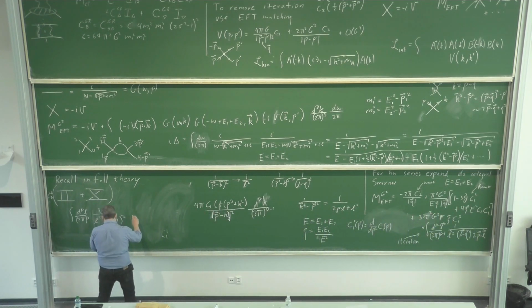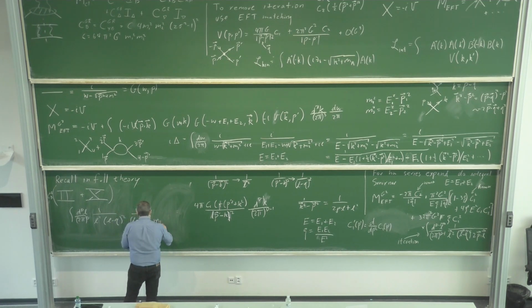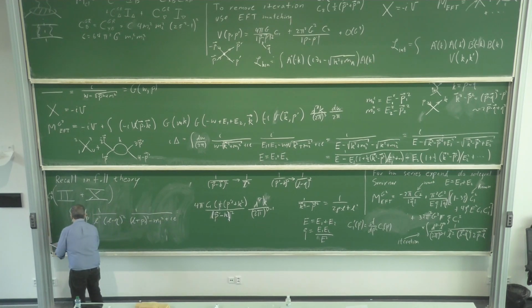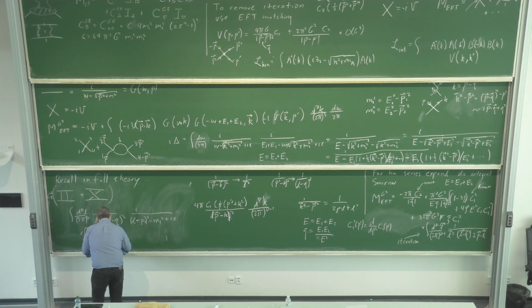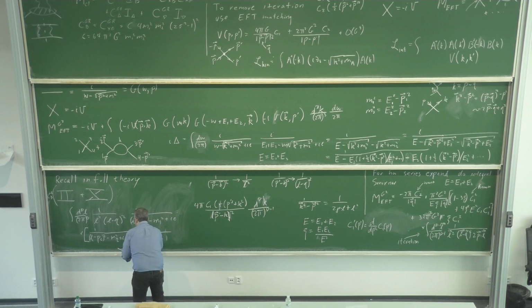I have to get rid of that. 1 over (L plus P1) squared minus M1 squared plus i epsilon, then times, if I'm adding up the two boxes, 1 over (L minus P2) squared minus M2 squared plus i epsilon plus 1 over (L minus P3) squared minus M2 squared plus i epsilon.